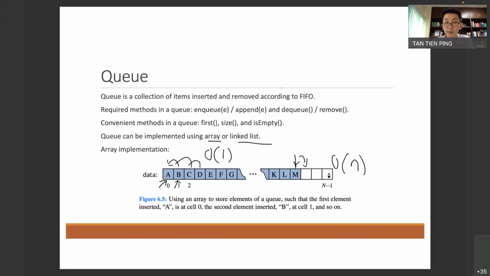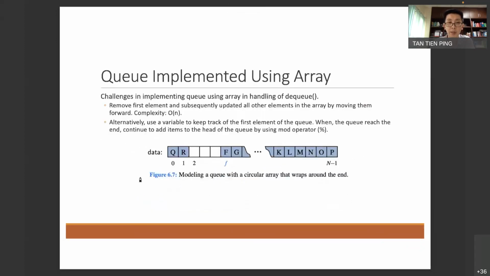So one way is, after you reach the end, you continue back at position 0 of your array, right? This is what we call a circular array. For instance, OP, then after you append again, you append at position 0, QR, and so on. Okay, so circular array.